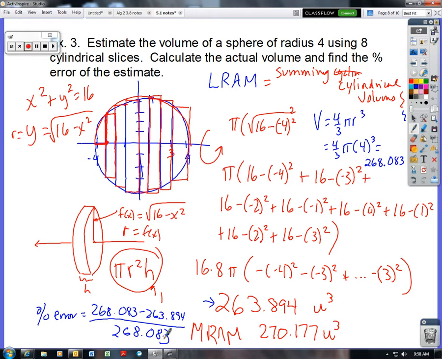And when I calculated this, I got 0.781%. So less than 1% error. It's not too bad for 8 rectangles. And I can show you in class how to check it on that program, and that's worth doing because it's a tad bit tricky to enter.